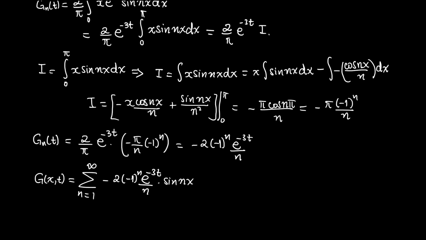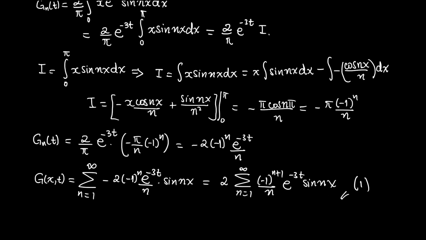Then to organize everything, the 2 can come out: summation n from 1 to infinity of ((-1)^(n+1)) over n, e^(-3t) sin(nx). Okay, that's the g(x,t). I'm going to call it 1.